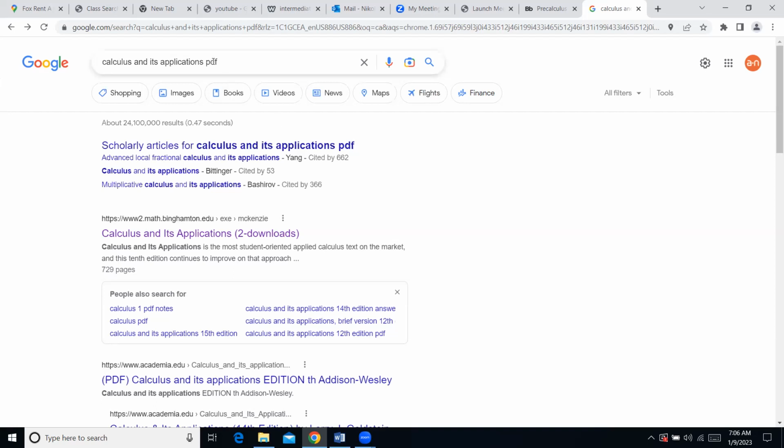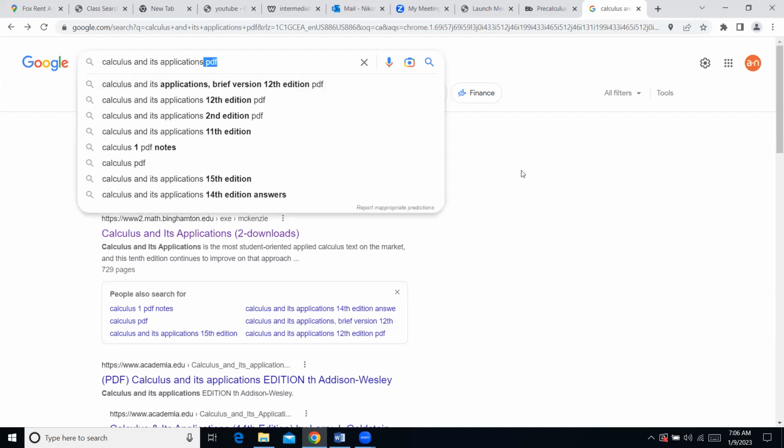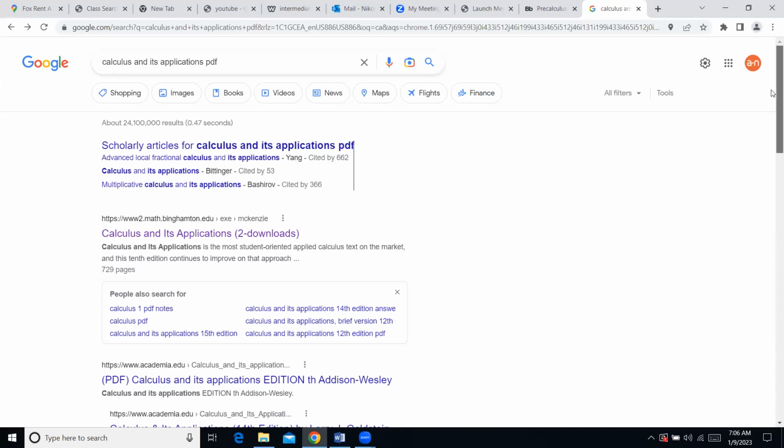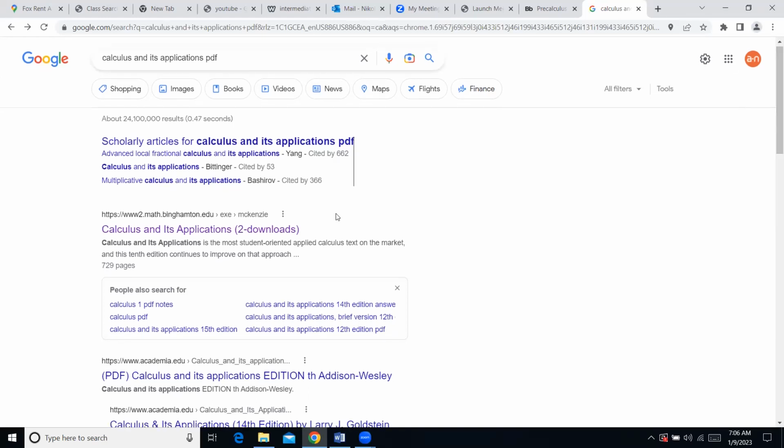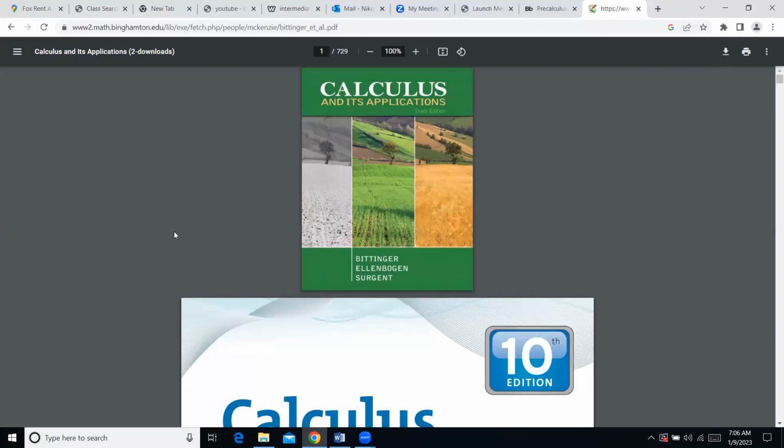You always need to add PDF. So I found a free, absolutely free textbook, and that was, I believe, the very first choice. Let me click on it. And the Bittinger and Company's textbook is right there for us for free.